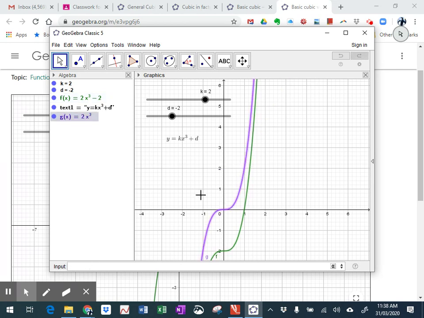So there's my basic function that I start with, and all that happens is, if I take d back to 0, that basic function just gets moved up or down.